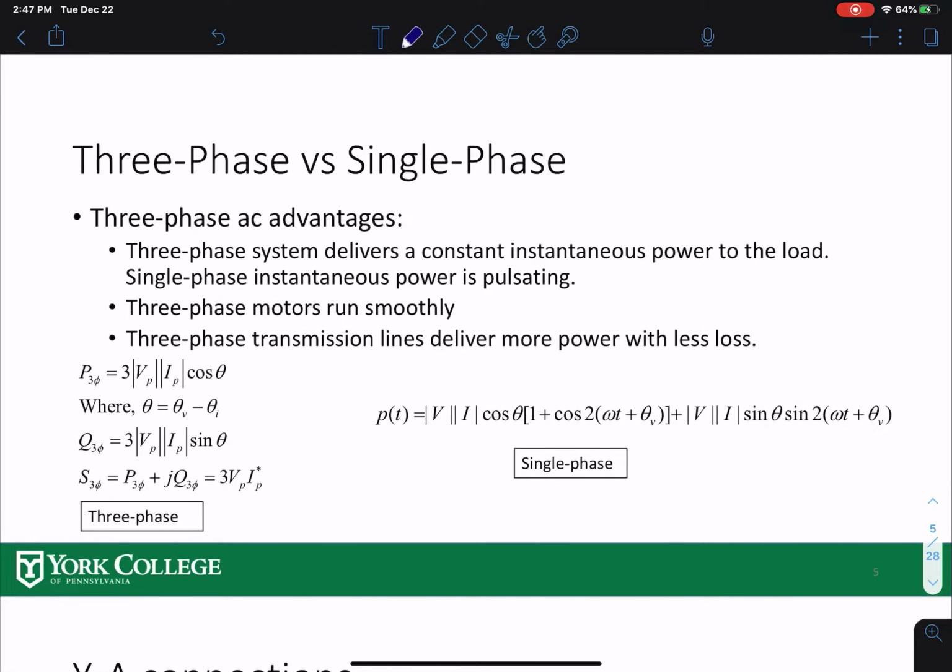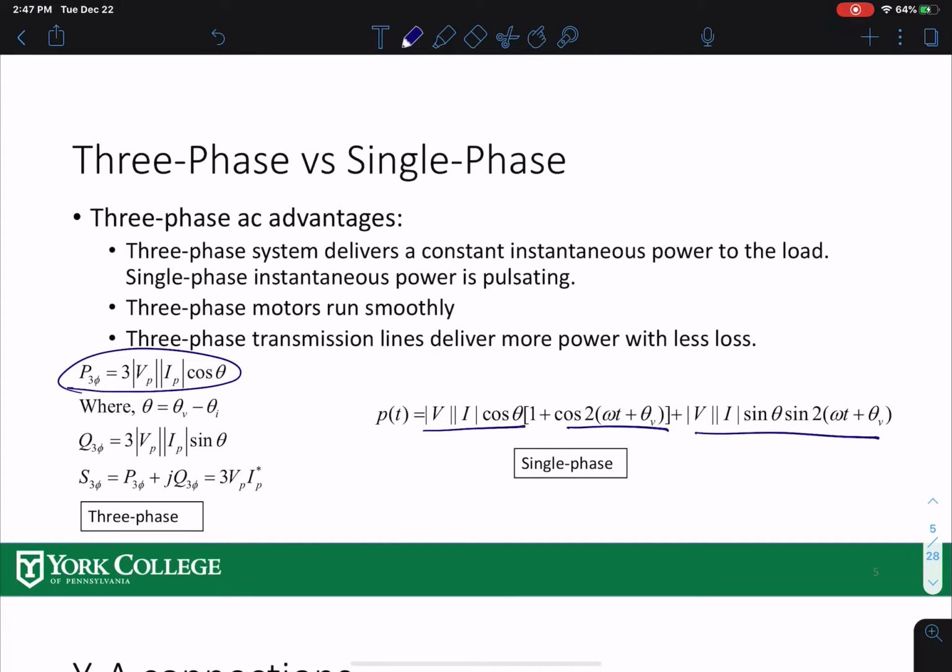In three-phase systems, if you multiply instantaneous power for three-phase, you will see that your real power and reactive power do not have any time-varying component. So your real power for three-phase is an average value. There's no time-varying component in there, whereas in single-phase you have a time-varying component.